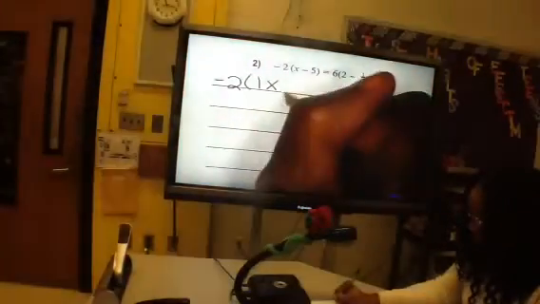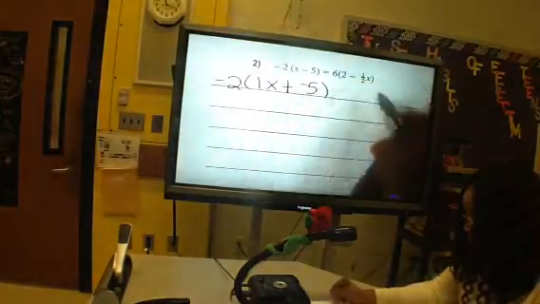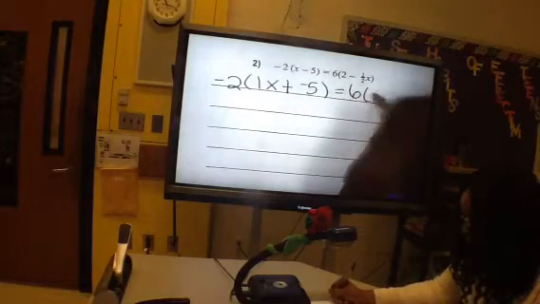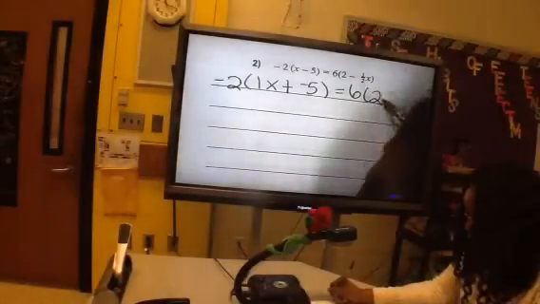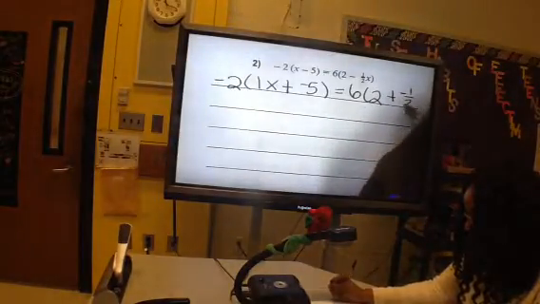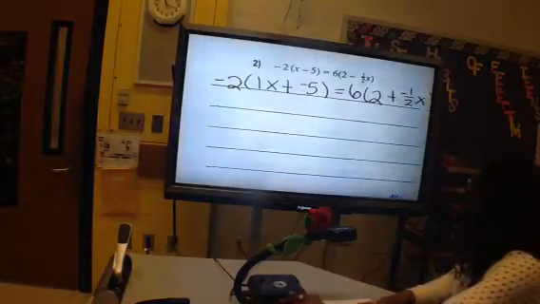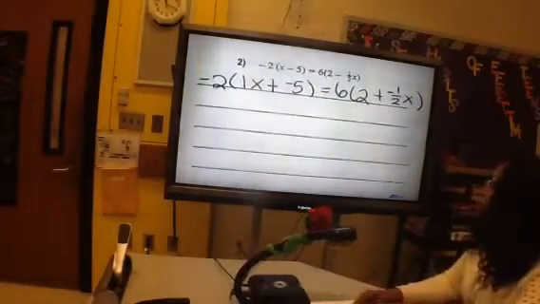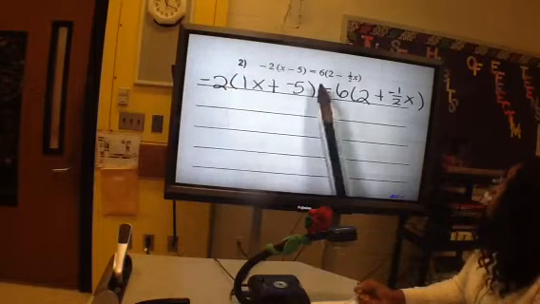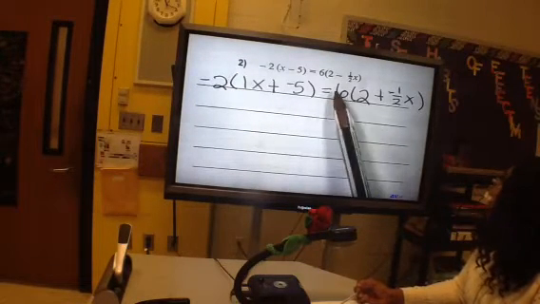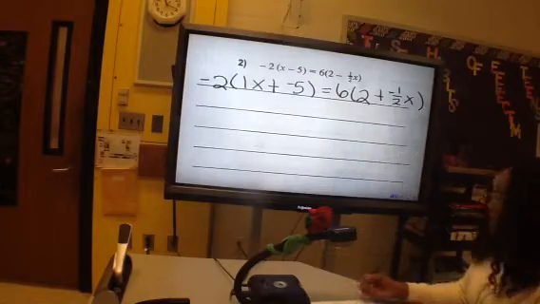So I'm going to write this as -2 times 1x, change that 5 to a plus -5, equals 6, and then I'm going to change my subtraction to a plus and my 1/2 to negative x. Now we said that parentheses means multiply, and so -2 will have to be multiplied to every number inside of this parentheses. 6 will have to be multiplied to every number inside this parentheses.